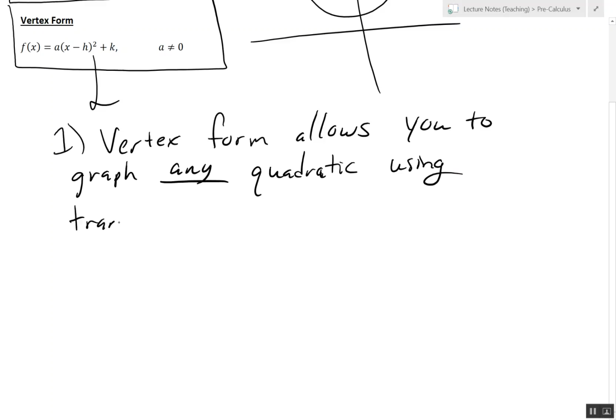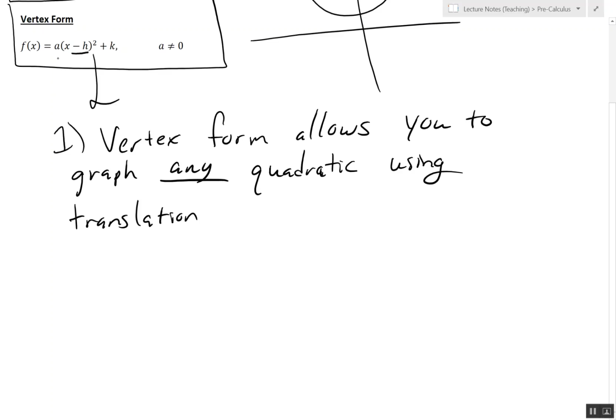Let's notice that it's basically made up of a horizontal translation, a vertical stretch or compression, and a vertical translation.